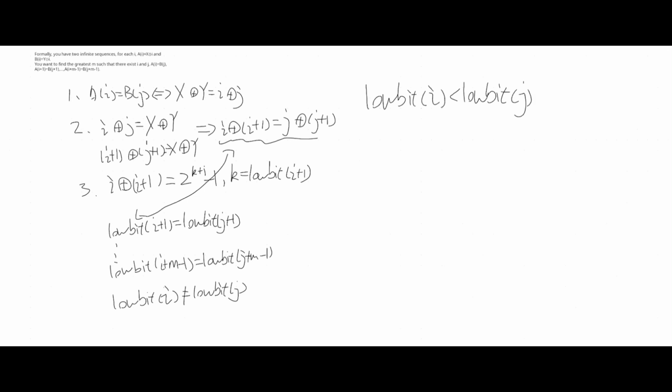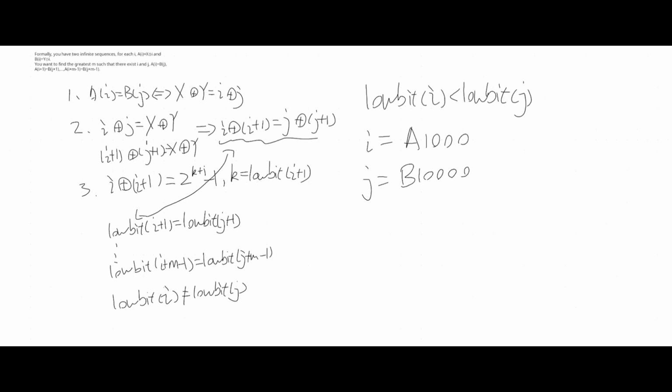Suppose here is I, and here is J. You can see that the low bit of I is actually smaller than the low bit of J. So let's find the greatest M in this case.